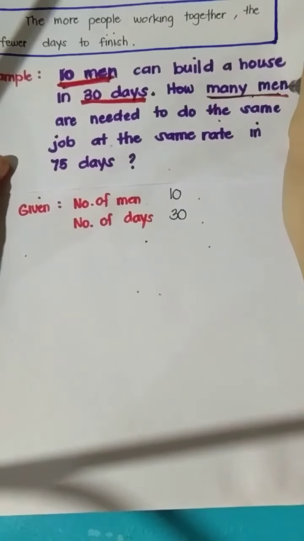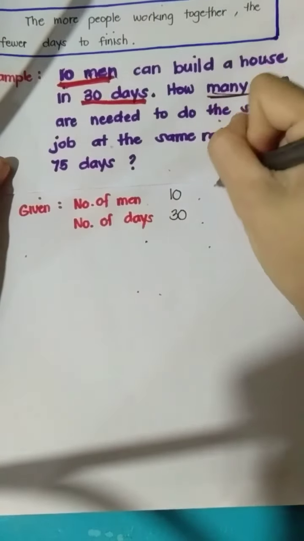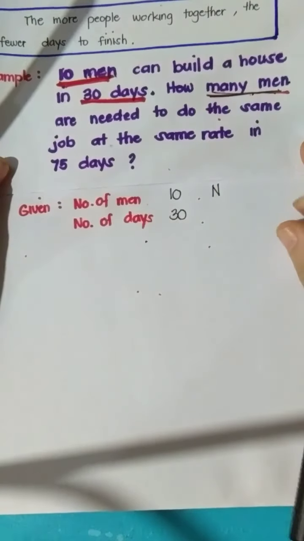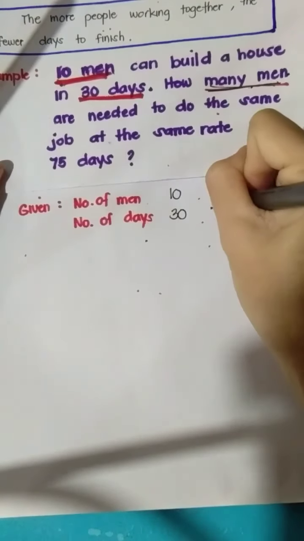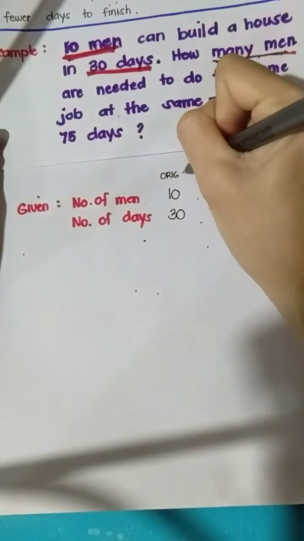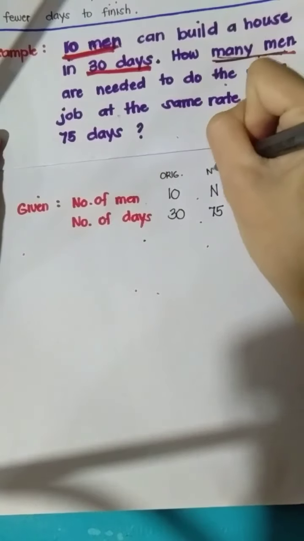Now what is asked in the problem? How many men? So the number of men is unknown, so we put n. Are needed to do the same job at the same rate in 75 days. So our new number of days is 75. So this is the original number, and this is the new number.